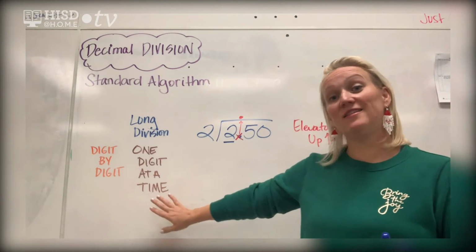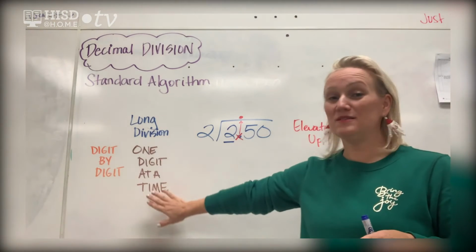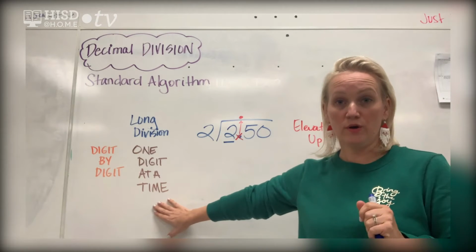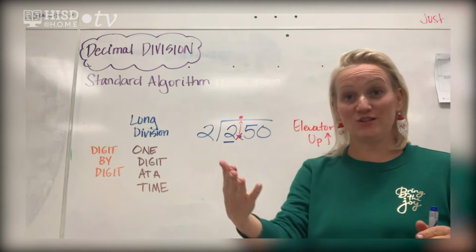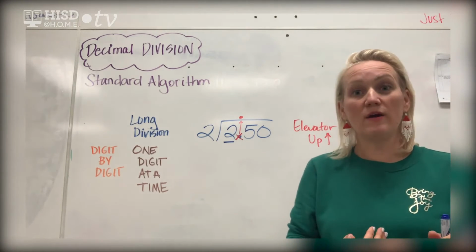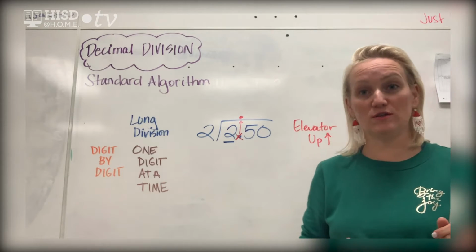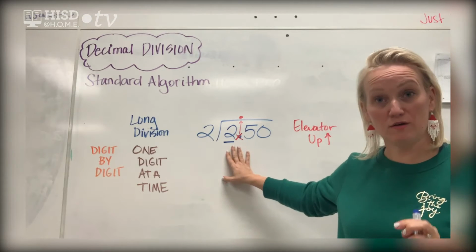So if there's anything I would ever want a math student to really walk away with, it's these important things. Go slow, go steady, one digit at a time, digit by digit. However you say that to yourself, just slow down. Everything can be done if you just go slow. So if we come back to this, I'm purposefully going to go very slow today.